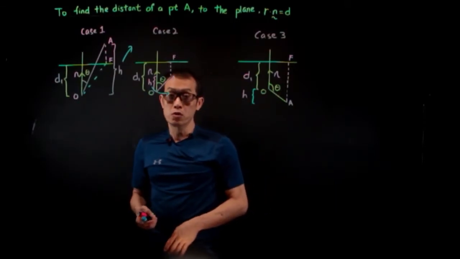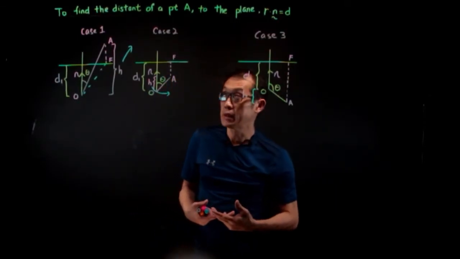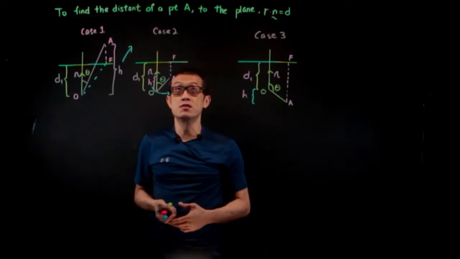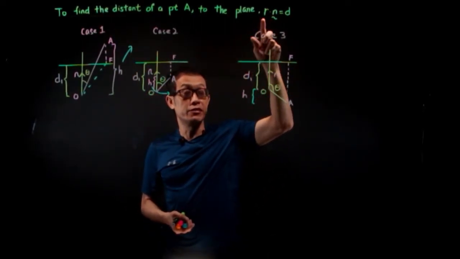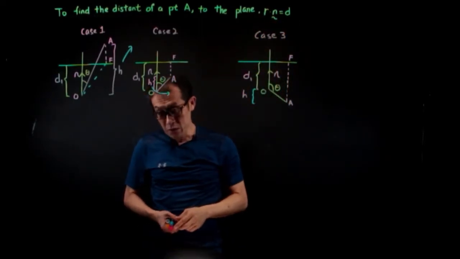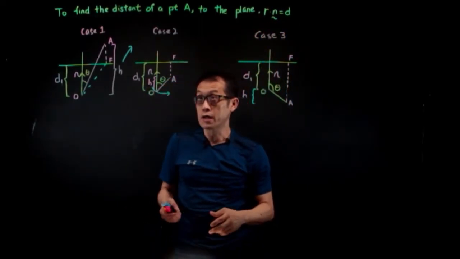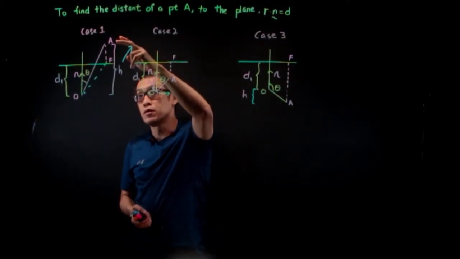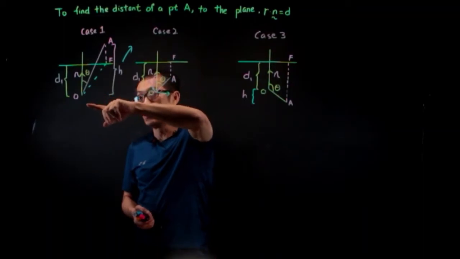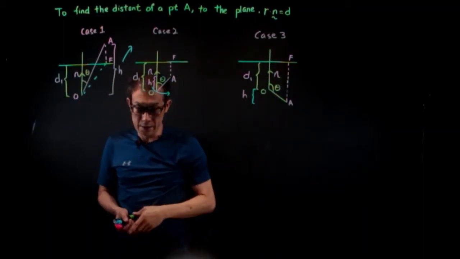We are now going to look into another method of finding the distance of a point A to the plane given its equation r dot n equals d. Now there are three scenarios as to the position of the point A relative to the origin and the plane.